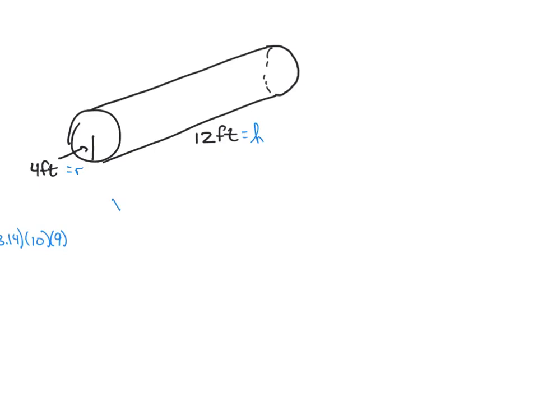So if we plug in, remember volume is pi r squared h. We get pi is 3.14 times 4 squared, or 4 times 4, times 12.